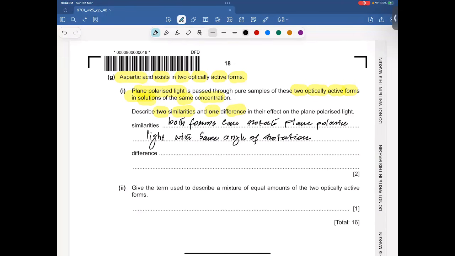Okay, difference. Direction is different. One is clockwise and one is anti-clockwise.